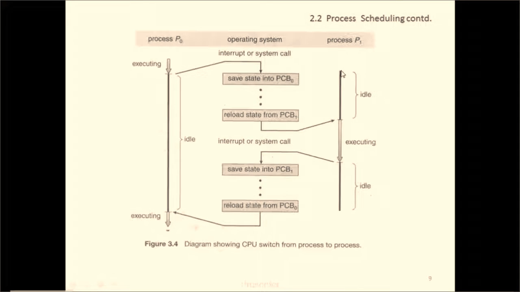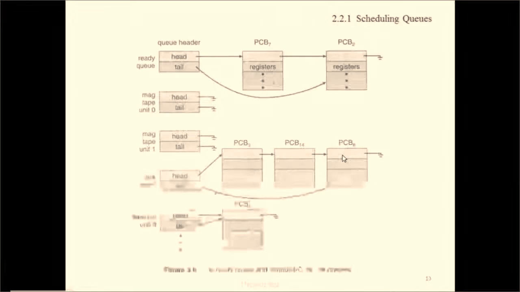In fact, idle from the process point of view, also from the operating system point of view, because the operating system is doing the job of saving the state of the earlier process and reloading it, and this job is done by the short term scheduler.